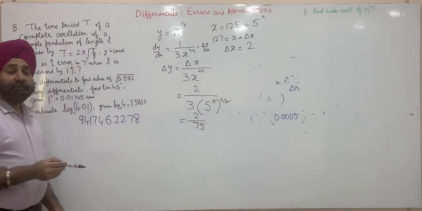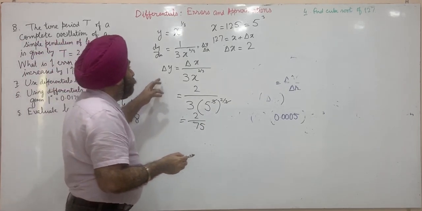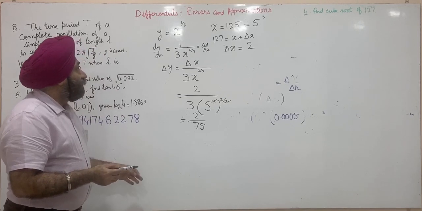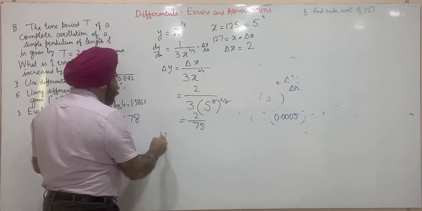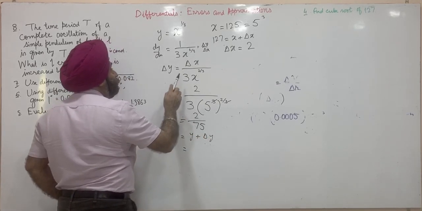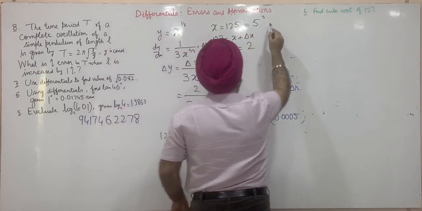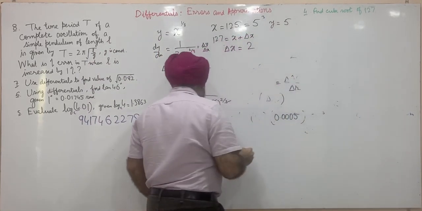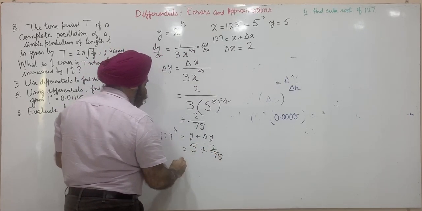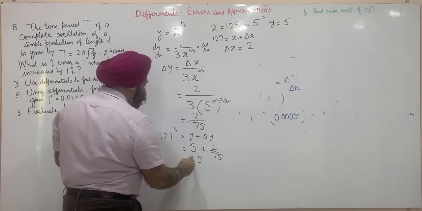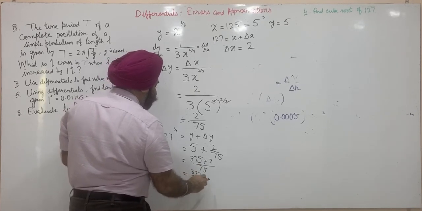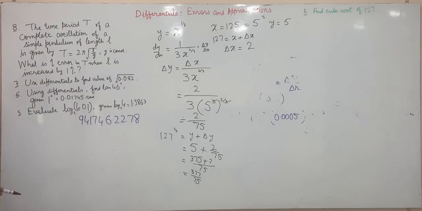This is delta y, the change in y when x changes from 125 to 127. So we need the value of the cube root of 127. This will be y plus delta y. When x is 125, y is 5. So y is 5 plus delta y, and delta y is 2 by 75. This is 377 upon 75. This is the value of the cube root of 127.